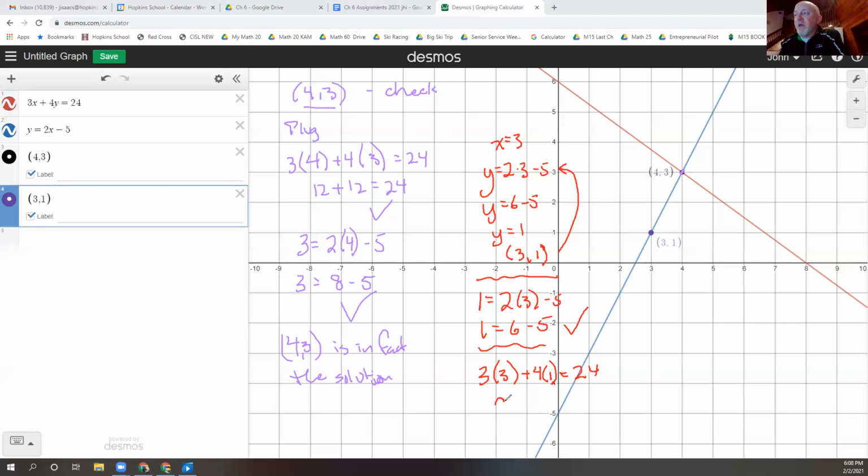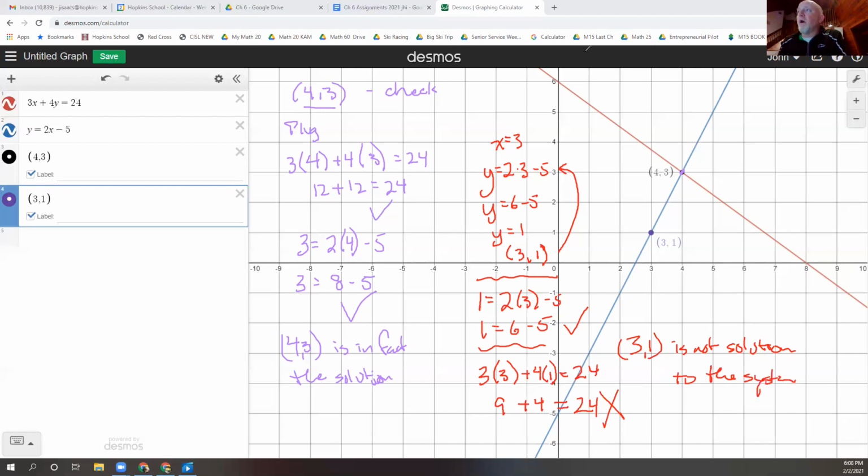Of course, 3 times 3 is 9, plus 4 times 1 is 4, equals 24. That does not check. So that means 3, 1 is not a solution to the system. It is a solution to one of the equations of the system. It is a solution to the blue line, but it's not a solution to the entire system.